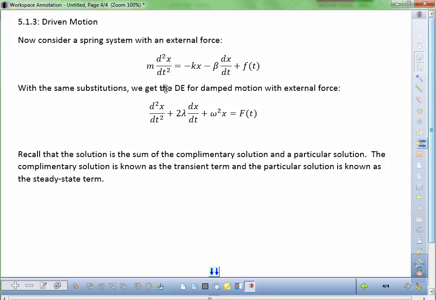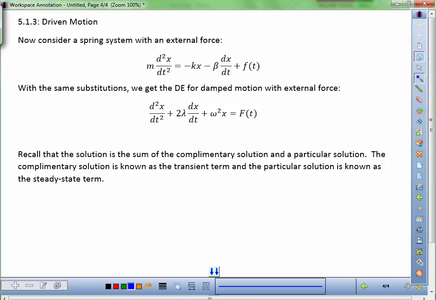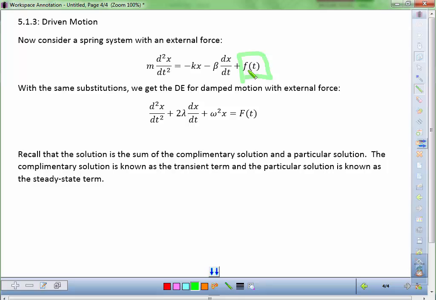The external force simply adds on a function. So let's say your spring is somehow hooked up to something where it's forcing you to do something, and then you let your spring go and it does whatever it's going to do, and then after a while it's going to start following that external force.